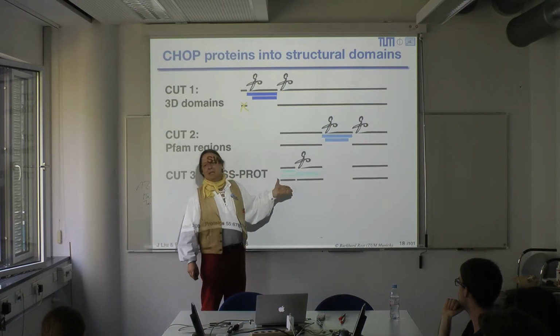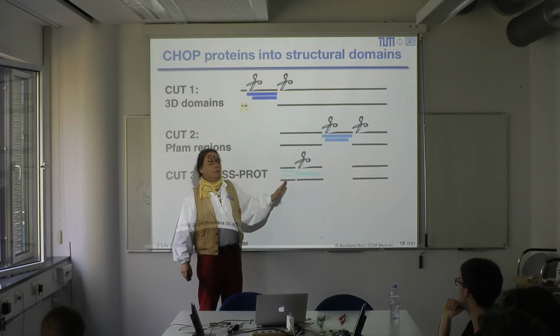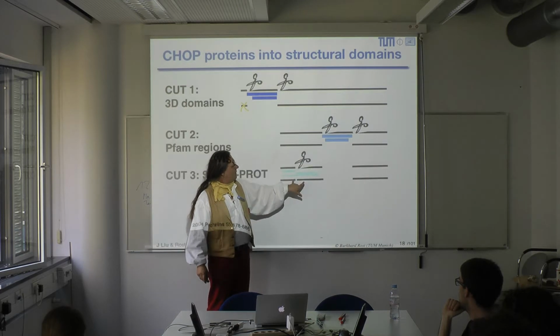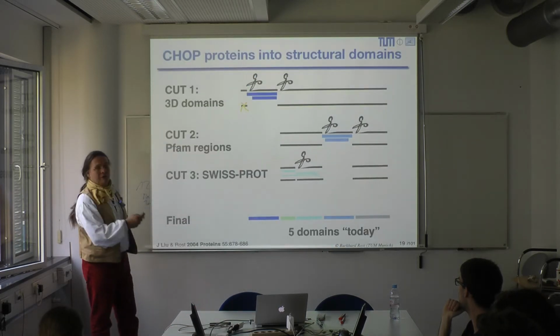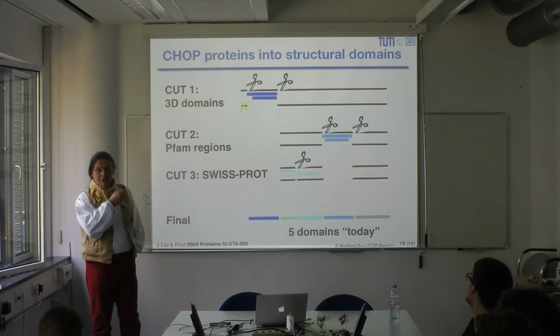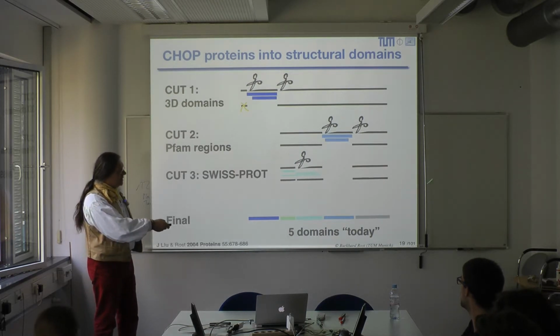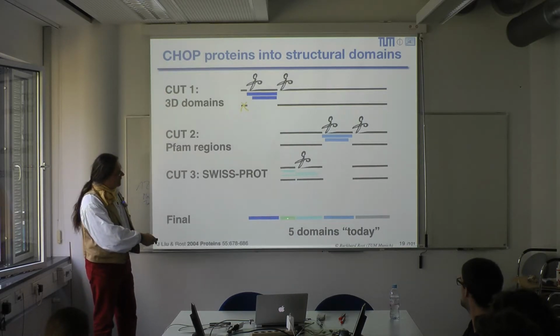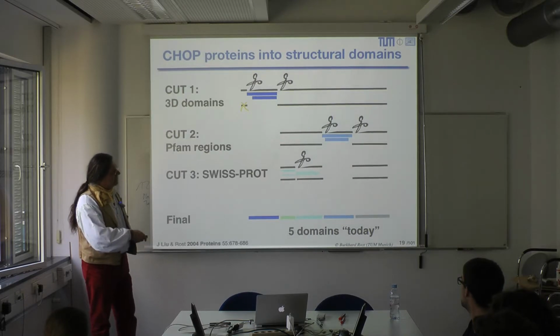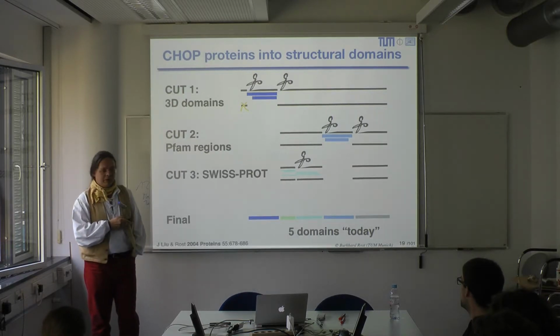This implies that we can cut again, right? We have a clear case here to cut this fragment into 2. The other one we can't do anything because we don't find any further reason to cut in today's databases. That then may become a reason for machine learning based assignments of domains, and in this particular case, we would argue that this protein has 5 domains.